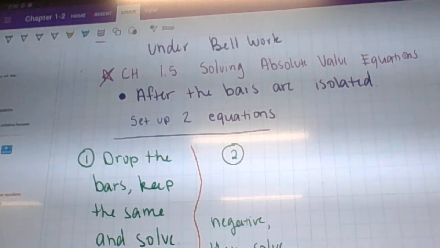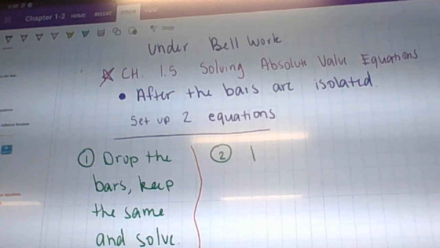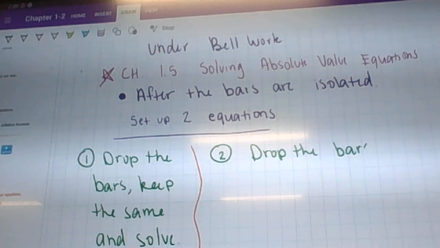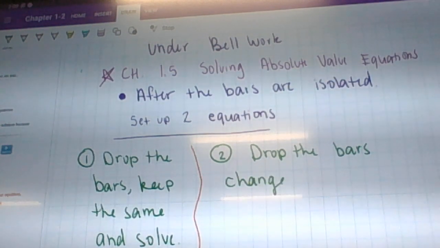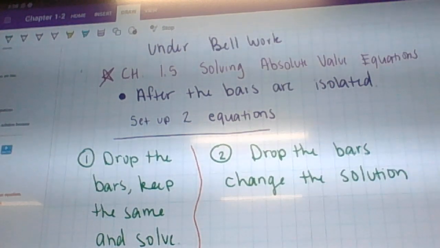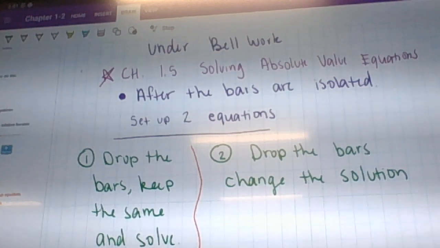But the second equation is going to be different. You're going to drop the bars. You're going to change the solution to negative. So you can figure out what is that hypothetical negative answer that the bars turn positive.